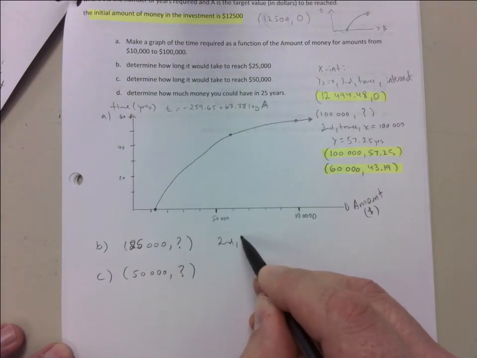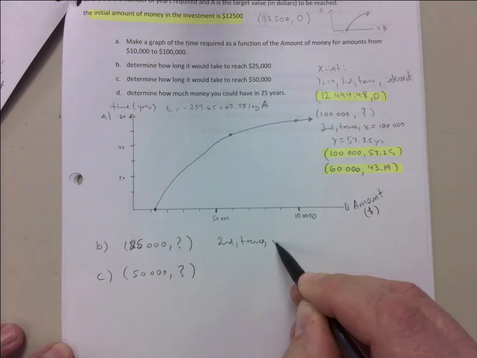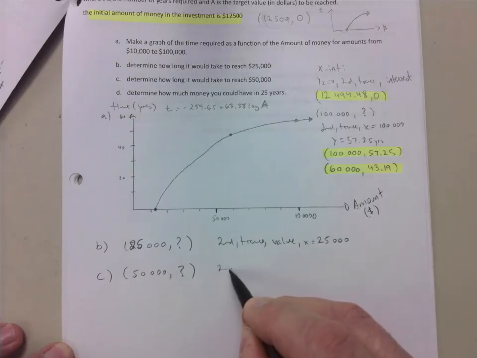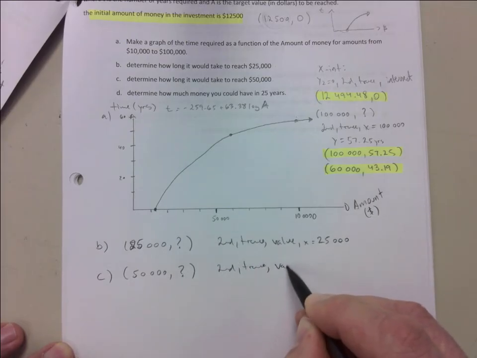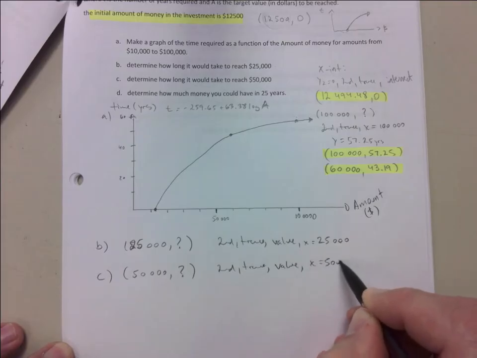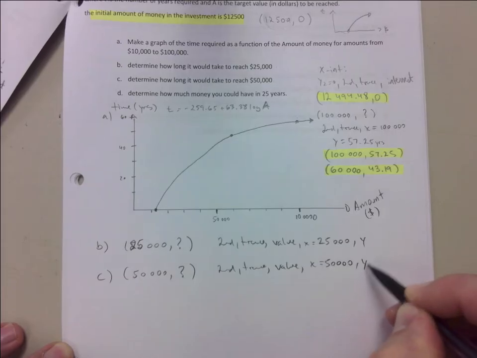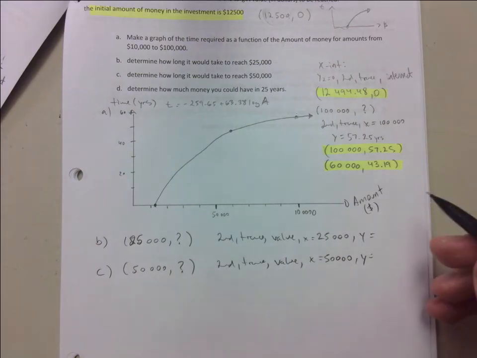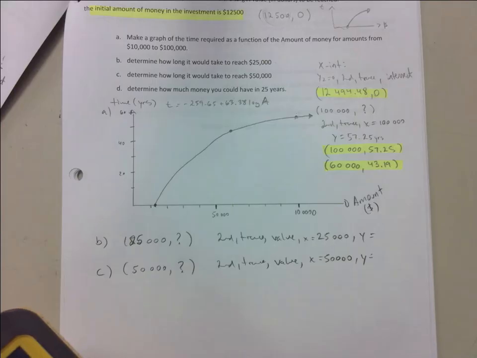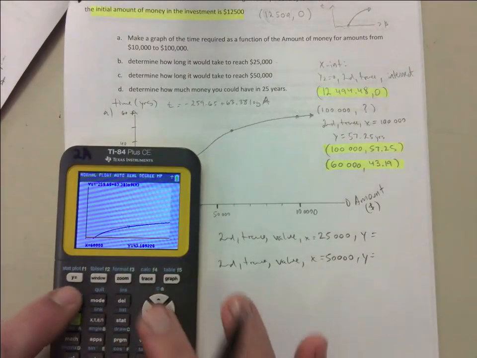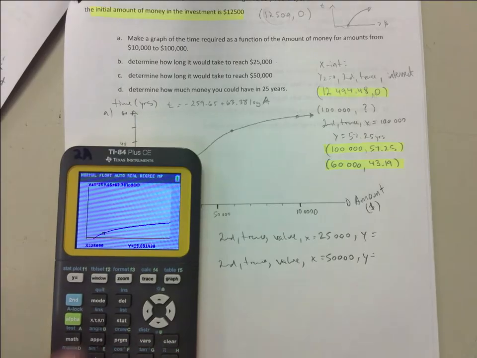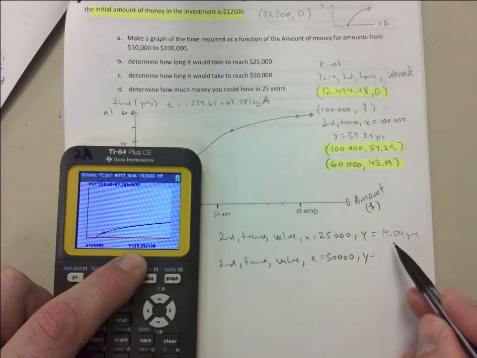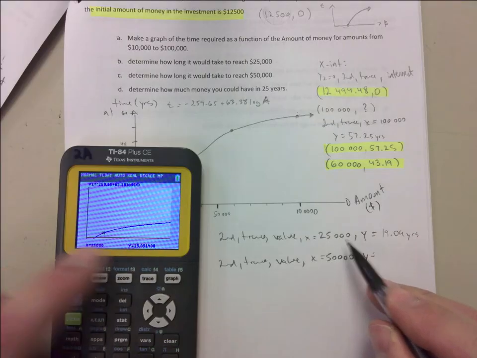So we go second, trace, value, x is equal to 25,000. Second, trace, value, x is equal to 50,000. 25,000 is 19.09 years it would take for your investment to grow to 25,000.